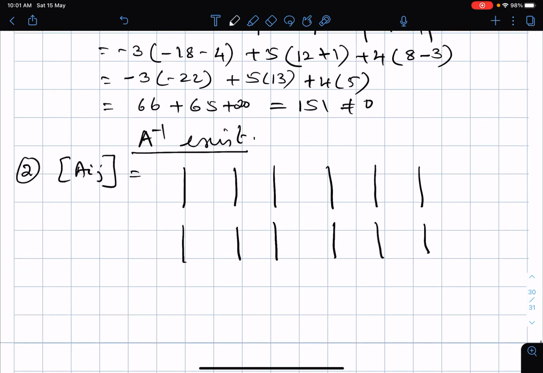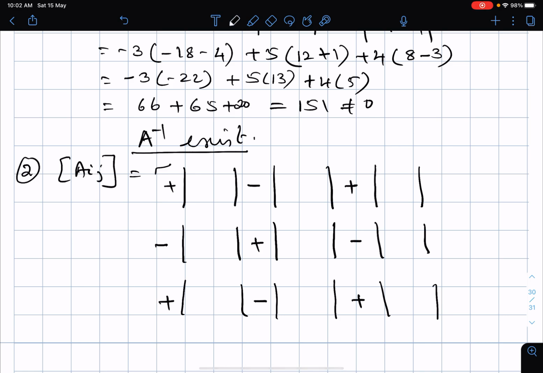Coming to the third row: first minor, second minor and third minor, and our sign convention plus minus plus, minus plus minus, plus minus plus, and this is going to be our cofactor matrix.